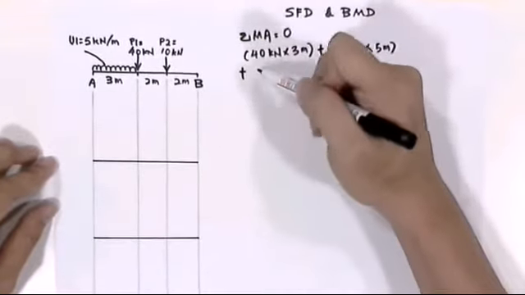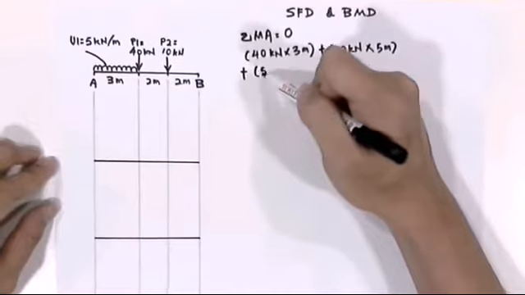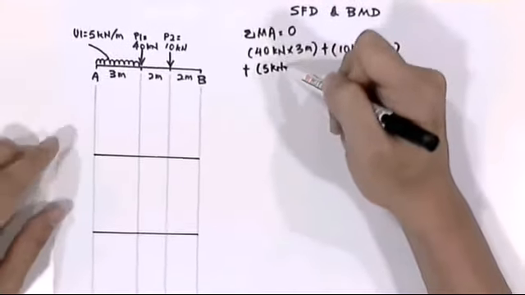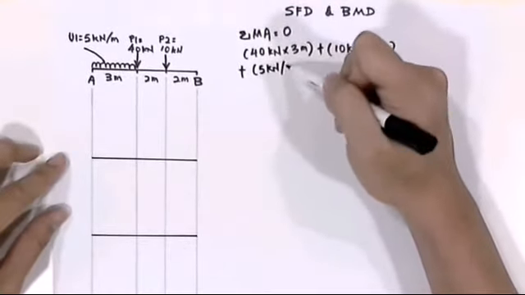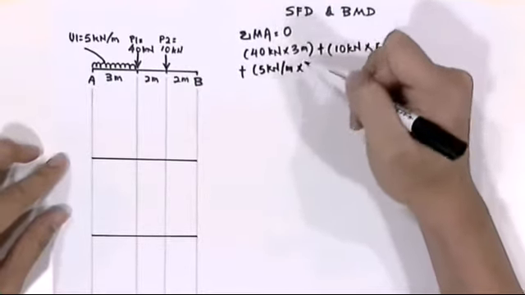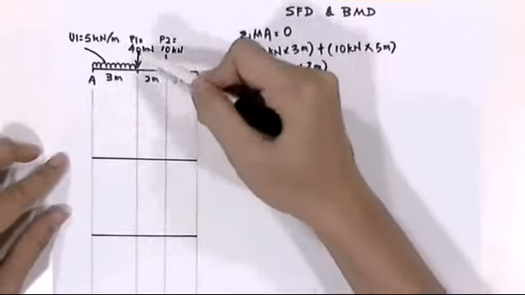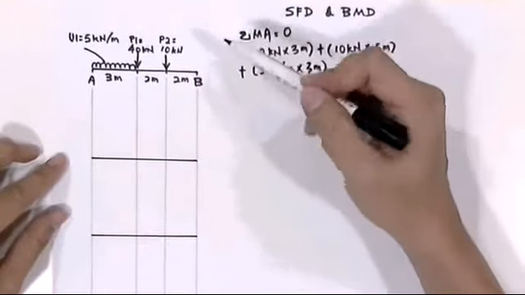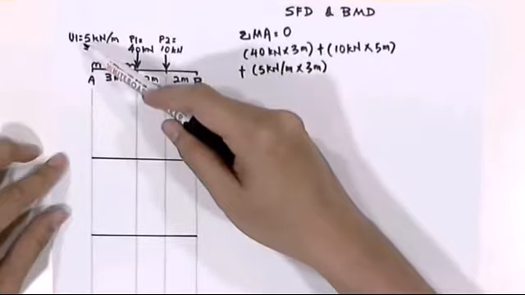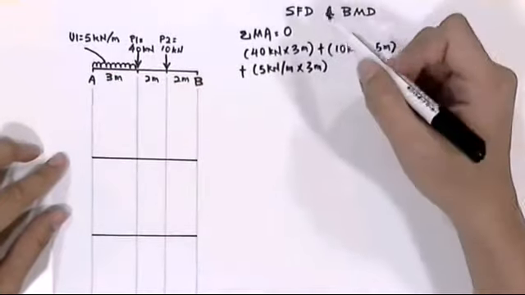So how we go about this is 5 kilonewton per meter times 3 meter. This is to get the total load coming from the uniform load 1, U1.